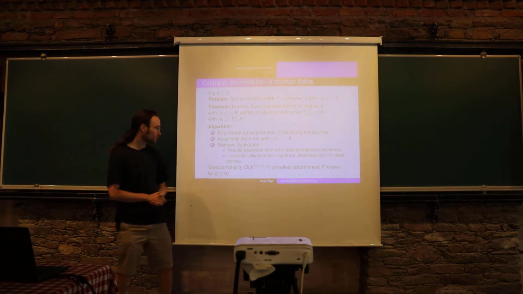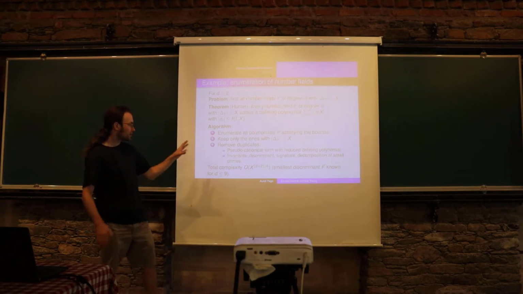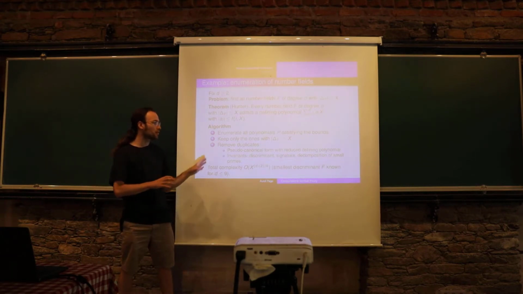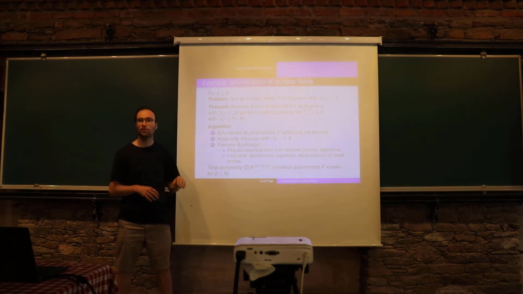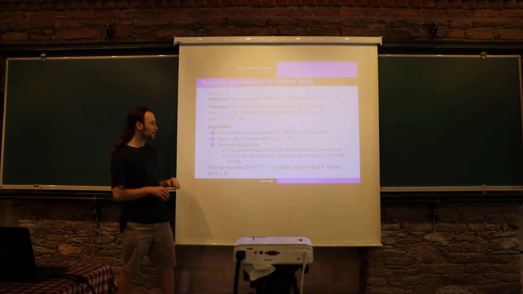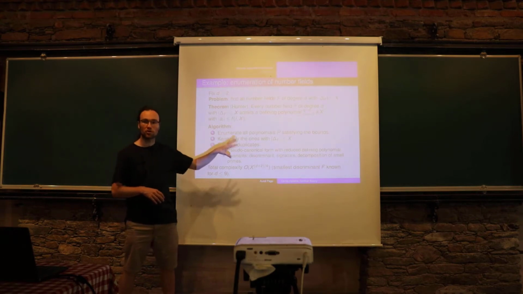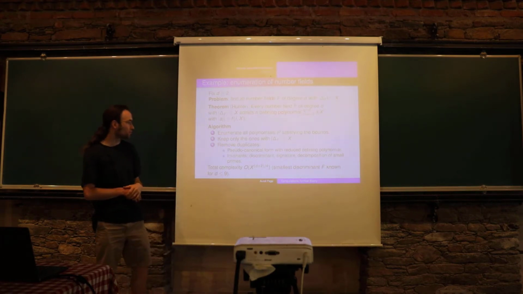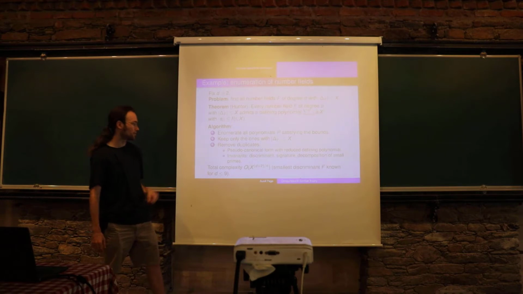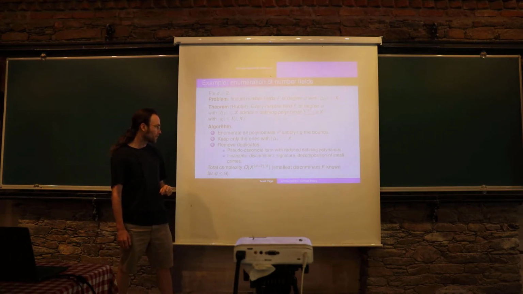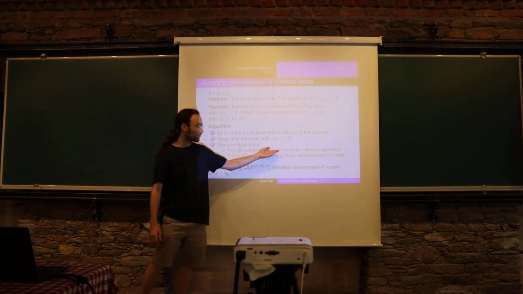And then you want to remove the duplicates from the resulting list to have just one representative for every isomorphism class. There is a way to obtain a completely canonical form for number fields, but I think it's more interesting to talk about the slightly weaker version, because it also applies in larger degree. So you have a pseudo-canonical form given by the reduced defining polynomials.